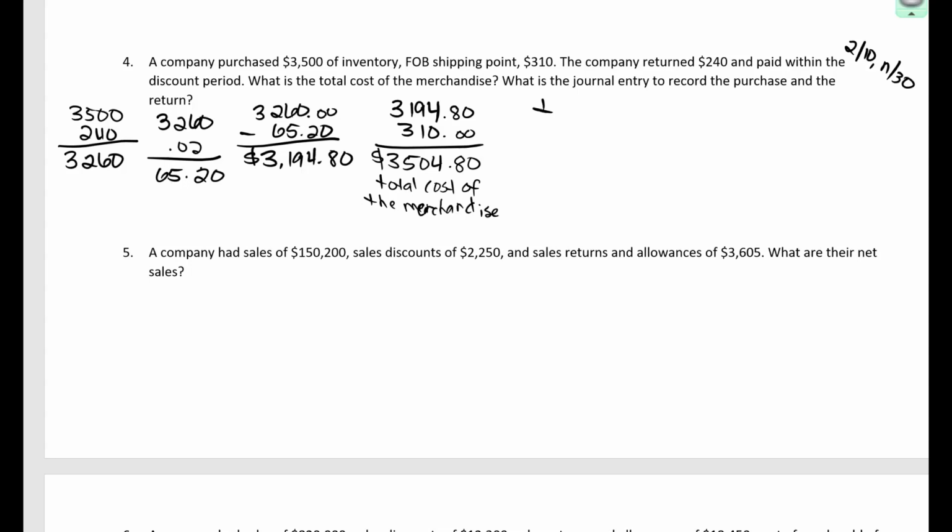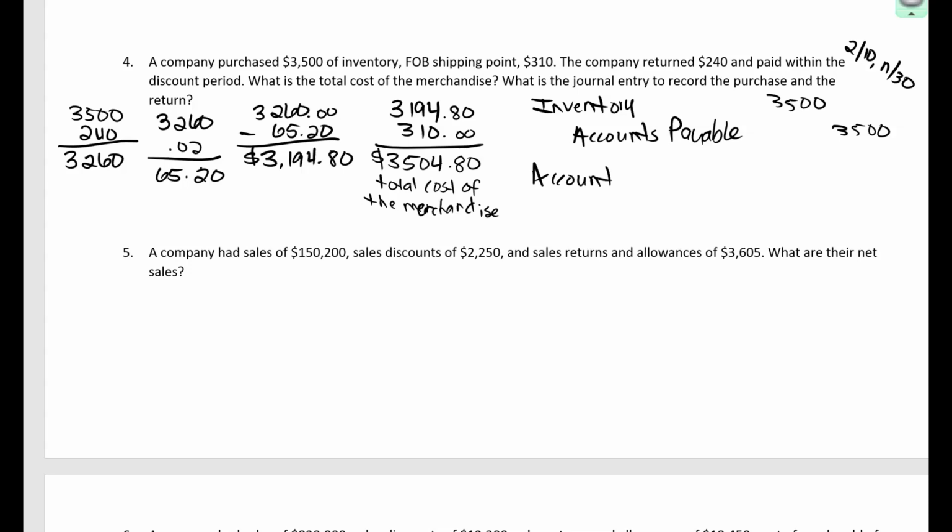Now let's look at the journal entries. The original entry was to debit inventory, the $3,500, and credit accounts payable, the $3,500. Then the return was the other journal entry.